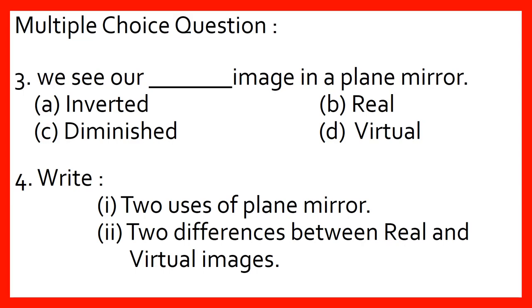Multiple choice question. Question number 3. We see our ___ image in a plane mirror. Option A, inverted. Option B, real. Option C, diminished. Option D, virtual.